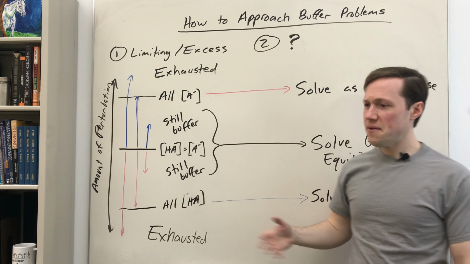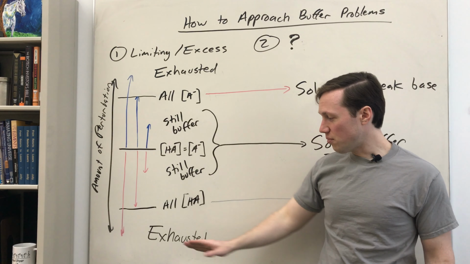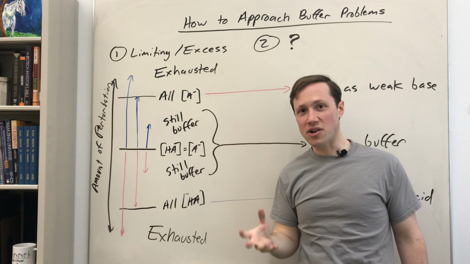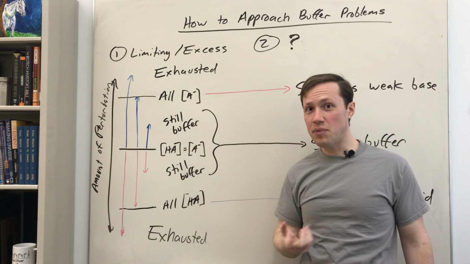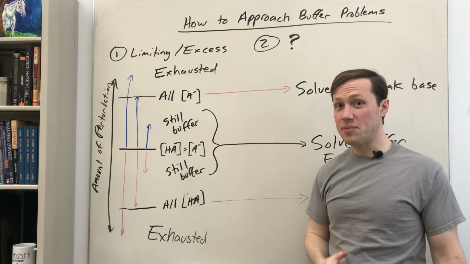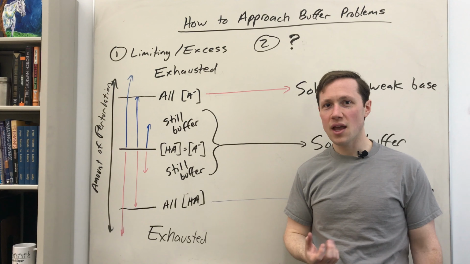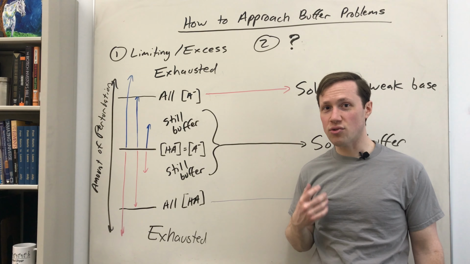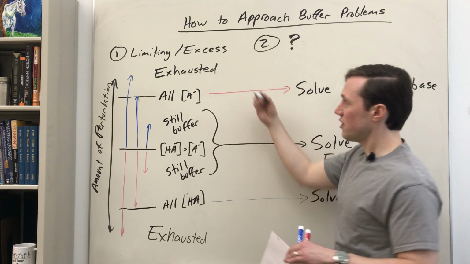Well, in that case, yeah, there's a little bit of buffer floating around in solution, but there's also a whole bunch of either strong acid or strong base floating around in solution as well. In that case, the buffer, or our weak acid or weak base, is no longer what's controlling the pH of the solution. The effect of that strong acid or strong base is going to be far greater, and it's going to dominate the pH.